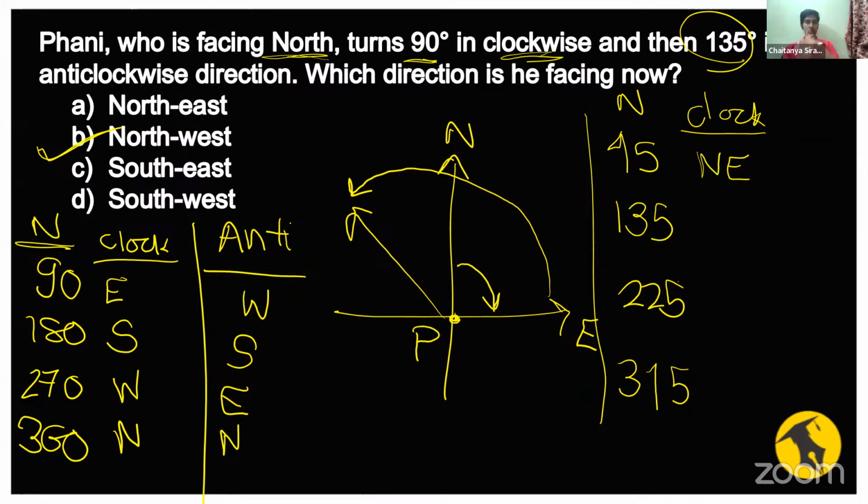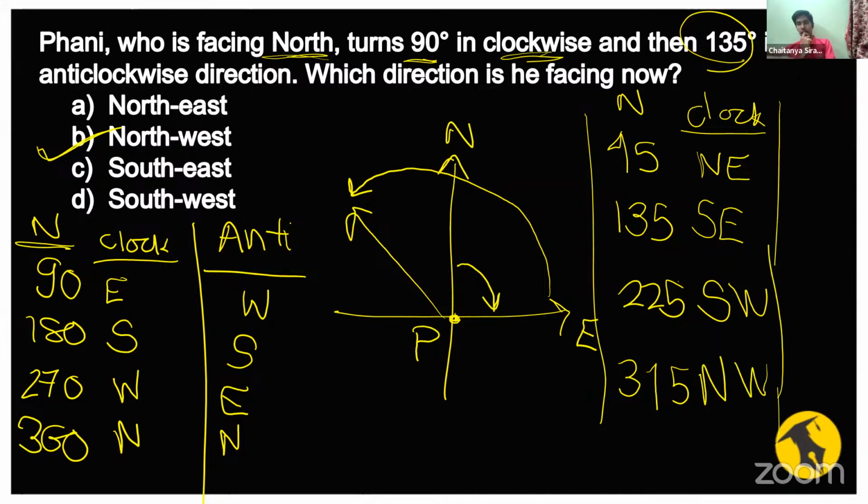Then I'm moving first 45 and then 90 more, so this will be southeast, southwest, and northwest. Had it been anti-clockwise, first 45 would give you northwest, then southwest, southeast, and northeast.